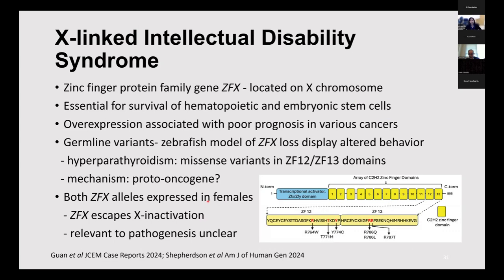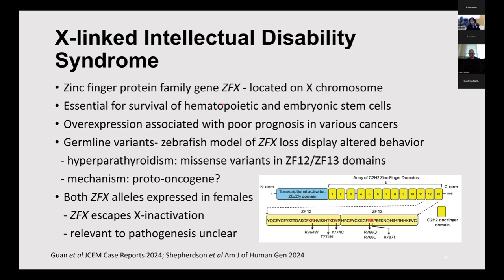And more recently, just a few months ago, a novel syndrome, an X-linked intellectual disability syndrome, has been reported to be caused by a zinc finger protein family gene, ZFX. This gene is located on the X chromosome, and it's a really intriguing gene.